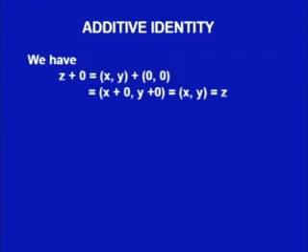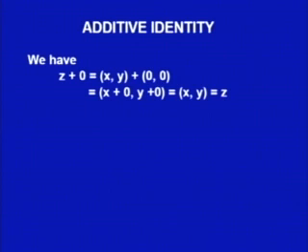Next, we take the additive identity. We have z plus 0, if we add the two. So, z we can write as x comma y or x plus I y, and 0 we can write as 0 comma 0 or 0 plus I 0. This sum will be equal to the sum of the two numbers x plus 0 comma y plus 0, that is x plus 0 and y plus 0 are the real and imaginary parts, and that is equal to x comma y, that is x plus I y, which is equal to z.